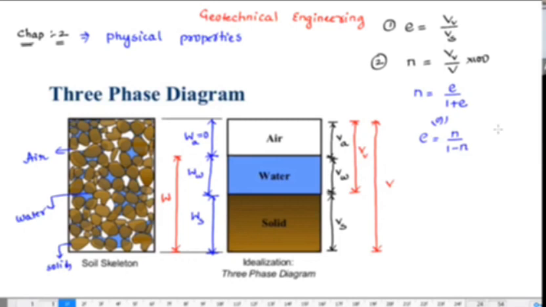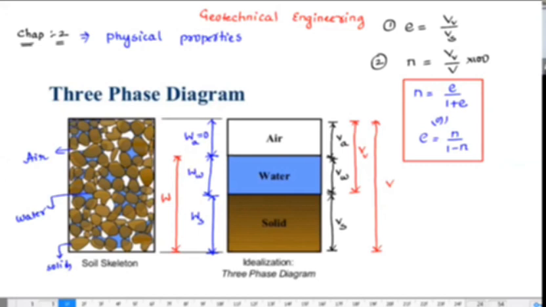The most commonly asked 1 mark question from this chapter is the relation between void ratio and porosity. It could be: if the void ratio of the soil is 0.5, what is the porosity? Or if the porosity of the soil sample is 1, then what is the void ratio?